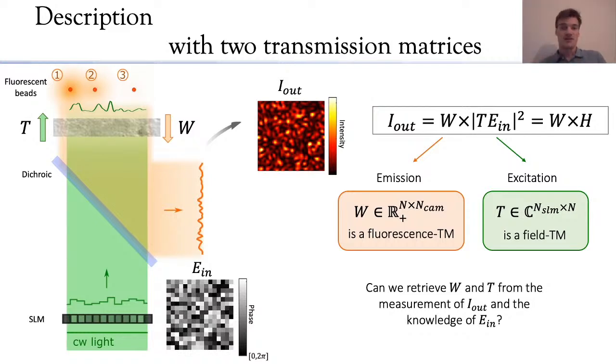And what's interesting is that H, this matrix in intensity, is connected to the field matrix that connects the input field to the output field, the one I described at the introduction. And now the whole question is, since we know the input field we display on the spatial light modulator, and we can easily measure with the camera the fluorescent speckle pattern, can we use these 2 pieces of information to retrieve W and T?